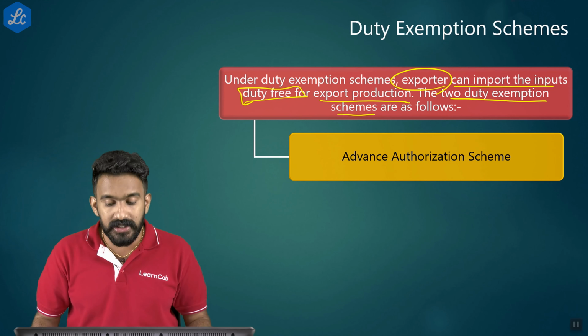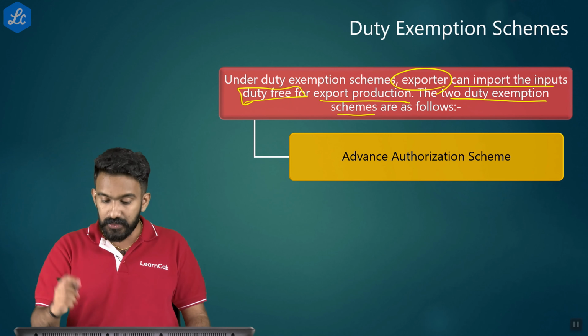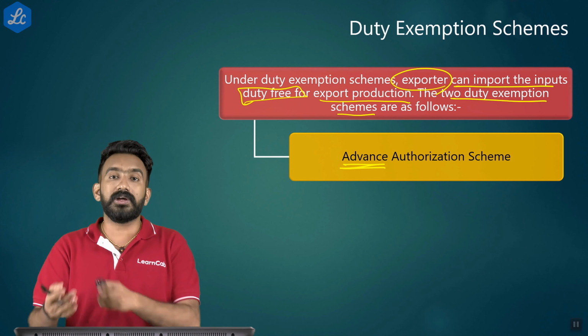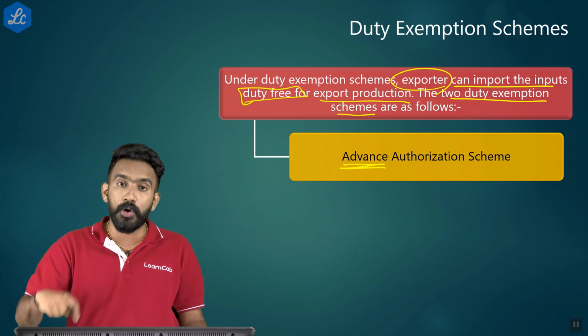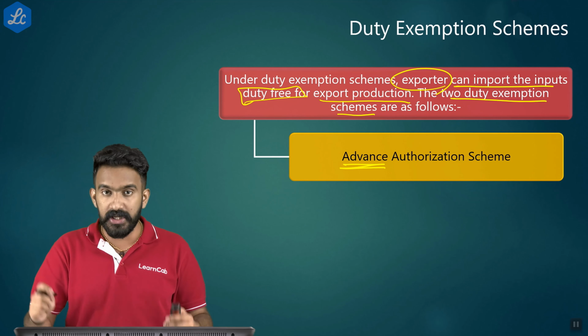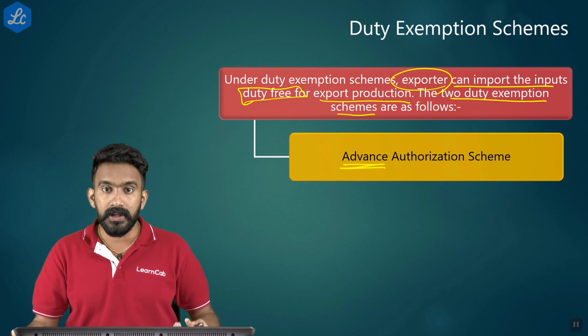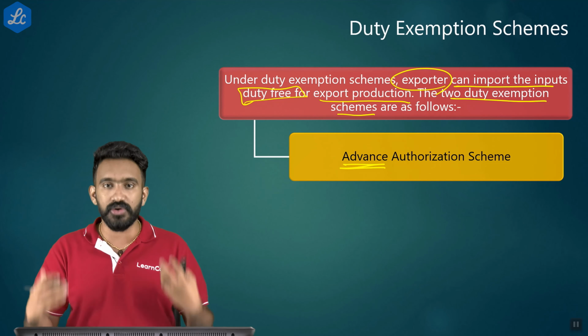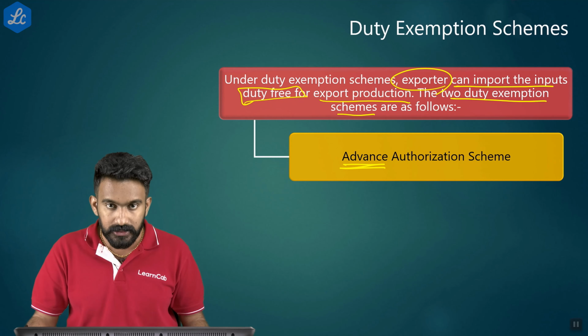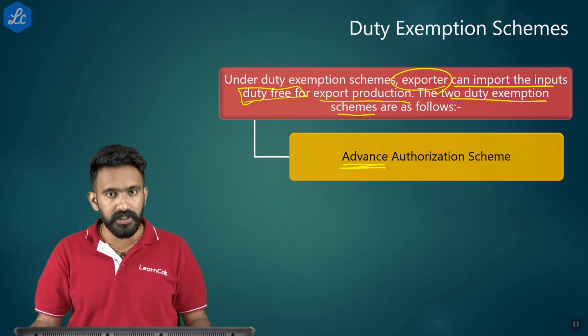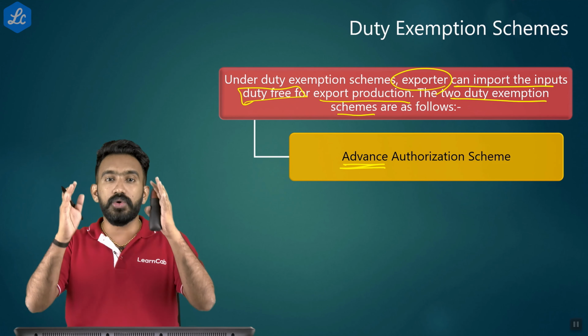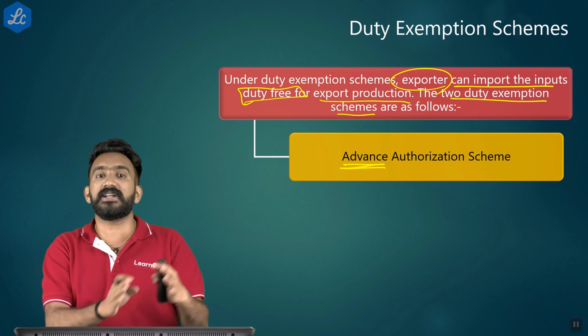One is the Advance Authorization Scheme. Like the word suggests, you get an authorization to do duty-free import in advance, which means you're not doing an export yet. Before that, you're getting an advance authorization to do an import without paying any import duty, provided you accept and follow certain conditions.